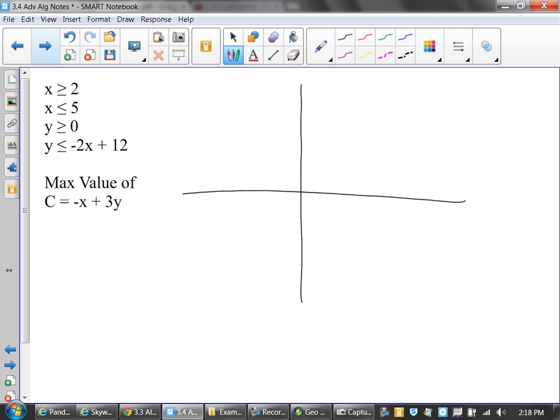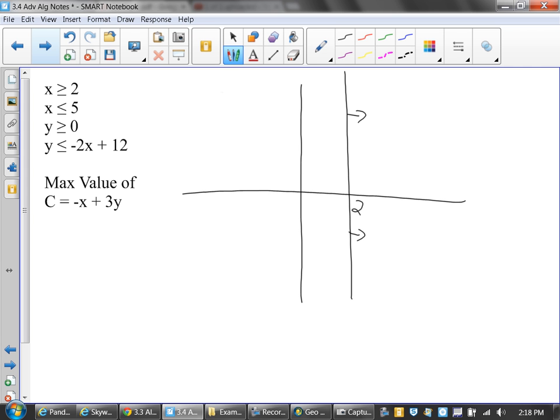Draw on a little grid. You know you have a vertical line through 2. And it said X is greater than or equal to that, so it means it's got to be pointing towards the right. If you forgot or didn't know where to start, you always start with a grid and then go to the next statement.